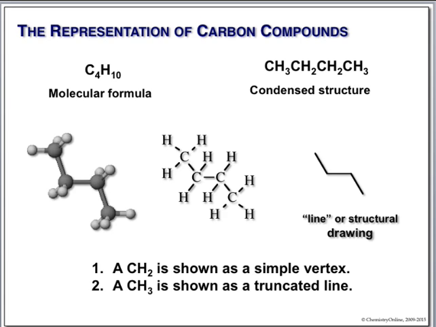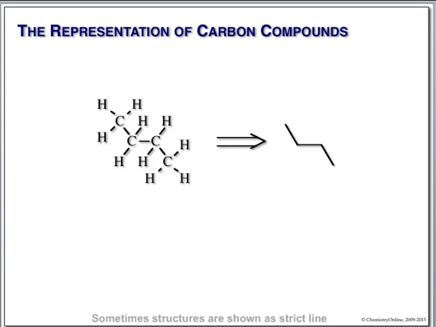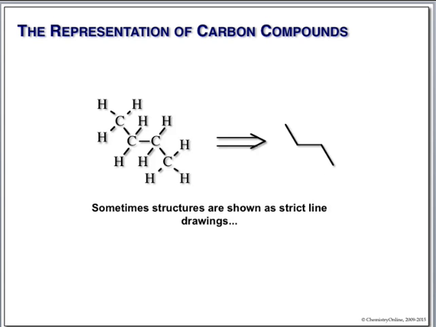This is largely how we're going to represent our carbon compounds, using line drawings or derivatives of those. Now, this is our strict line interpretation. We're going from our 4-carbon chain to this. Again, both of these are CH3s, both of these are CH2s.